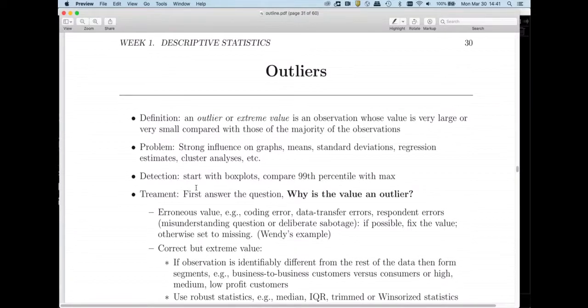Sometimes if your data set is very large and you have a lot of outliers, you don't want to plot it. Something that I'll do is just compute the 99th percentile and compare it with the max. So if the 99th percentile is, say, 1,000, and your maximum value is 1,000,000, and let's assume some variable that only takes positive values, clearly that value 1,000,000 is well separated from 99% of the data and is an outlier.